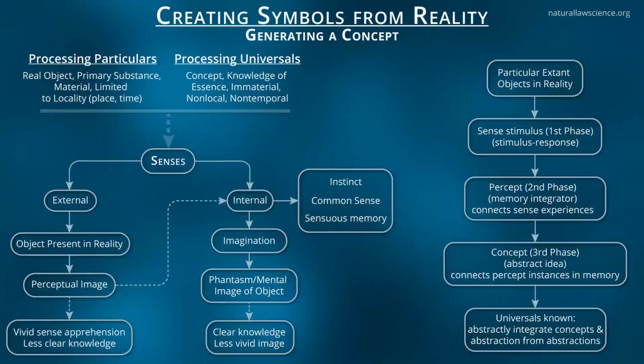So when we process particulars, we're looking at the real object, the primary substance, the material. It's limited to locality as a place and time. When you're processing universals, though, it's a concept. It's not something that necessarily actually exists as a real object that concretely exists in reality.